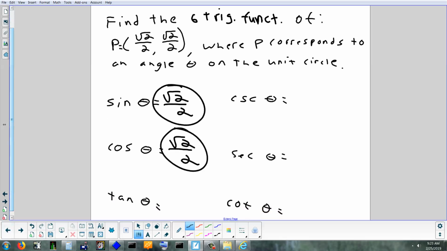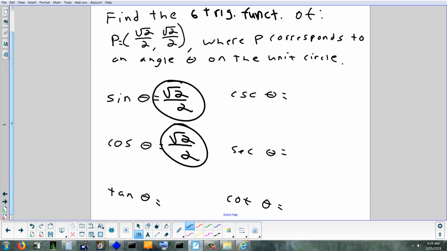And now the tangent, we want to divide the y by the x. It's 1. They're the same thing. So since the tangent came out to 1, that's going to make the cotangent pretty quick to find. That's the easiest one to do, so let's get that one out of the way.